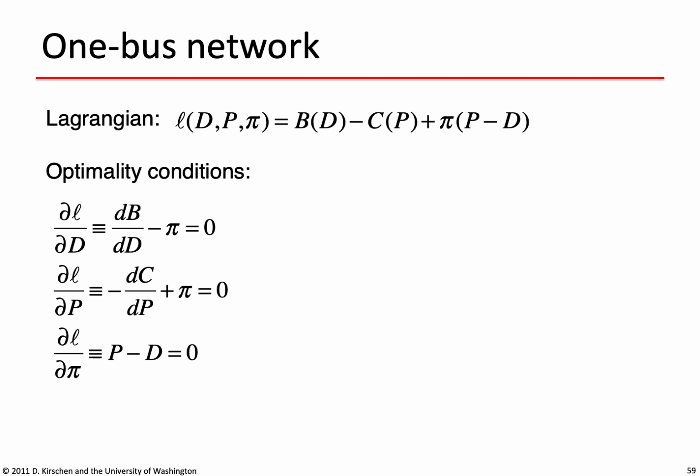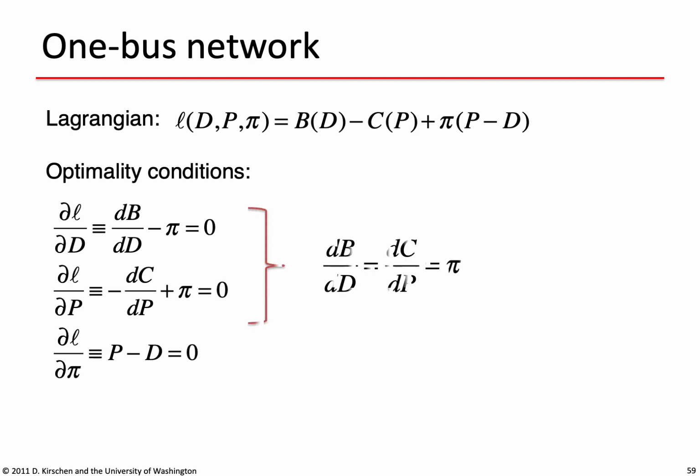So we get dL over dD is dB over dD minus pi equals 0. dL over dP is minus dC over dP plus pi equals 0. And dL over dpi is simply the constraint, P minus D equals 0.